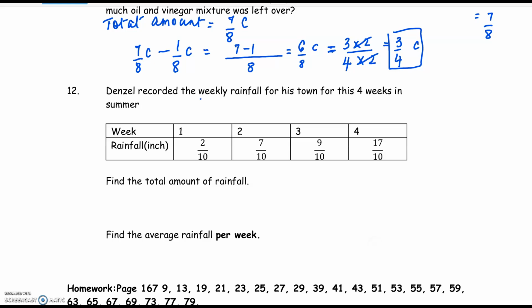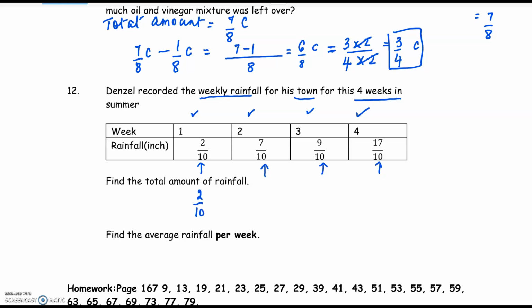Now we have the weekly rainfall for this town for 4 weeks, week 1, week 2, week 3, week 4. And every single week, the amount of rainfall in inches is recorded. What's the total amount of rainfall?